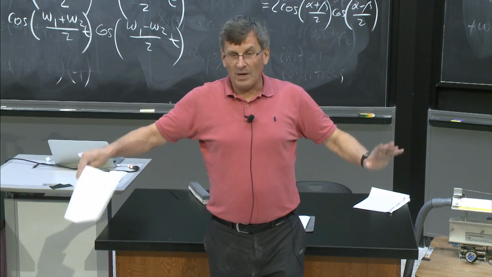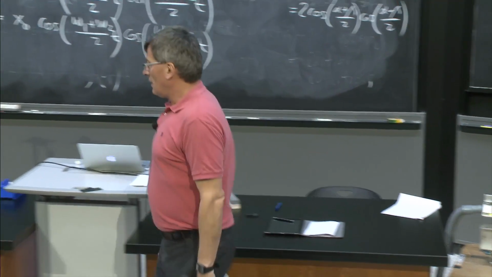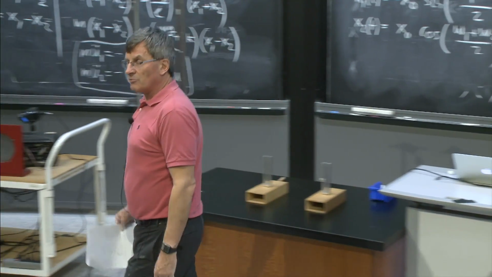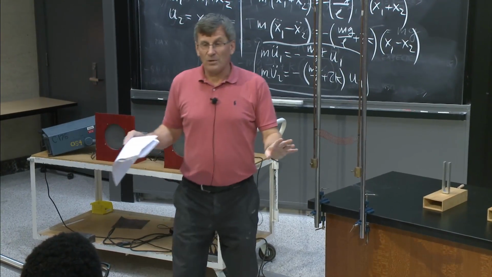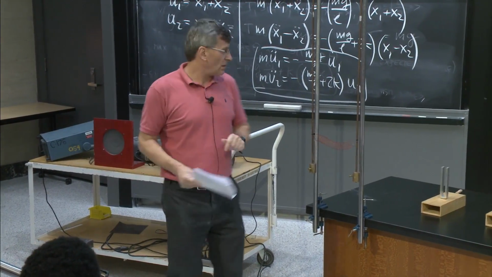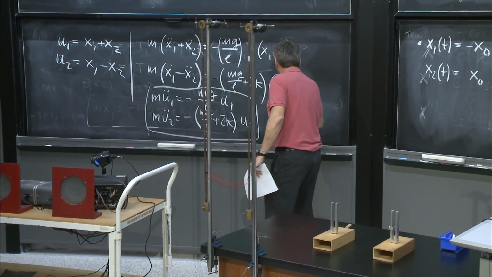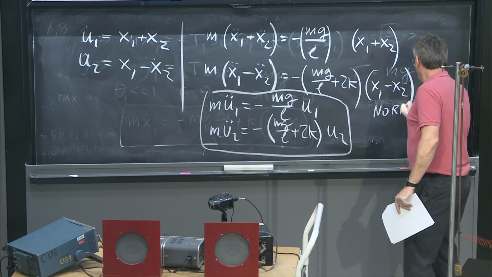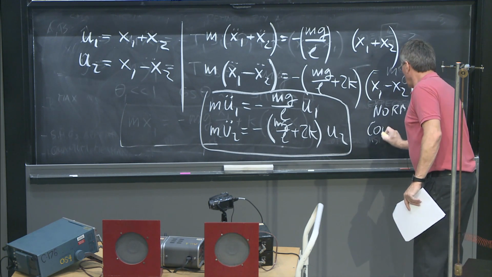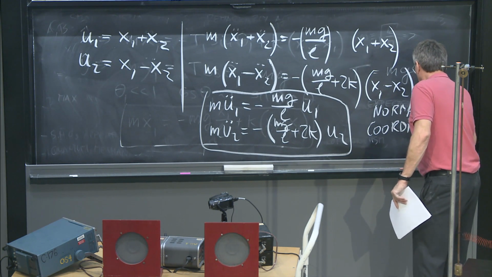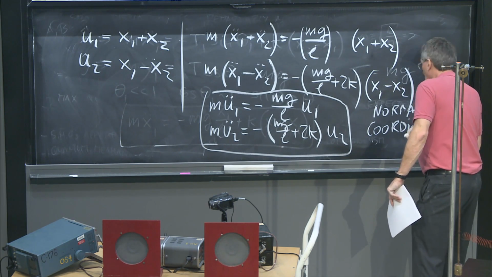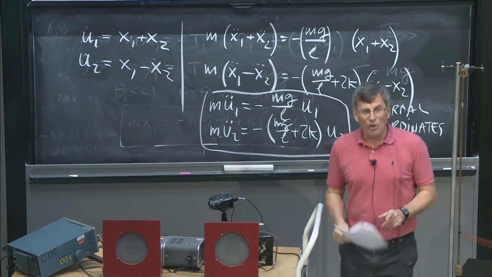All right? So sometimes, especially in the case of very simple and symmetric systems, if you introduce new variables, you can simplify your life tremendously. And these are called normal variables, normal coordinates. It turns out that you can always do that.